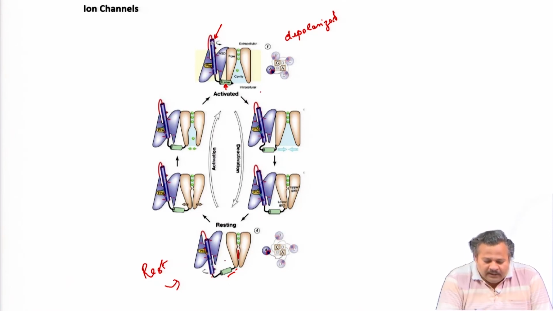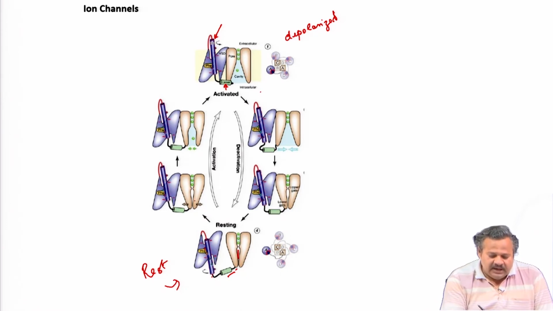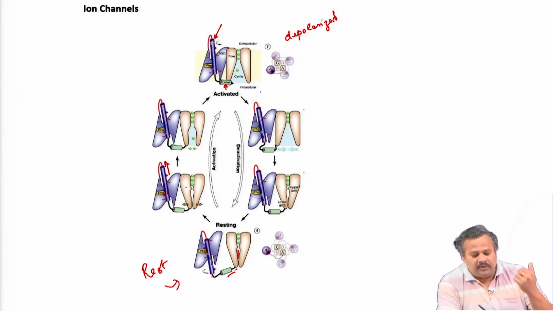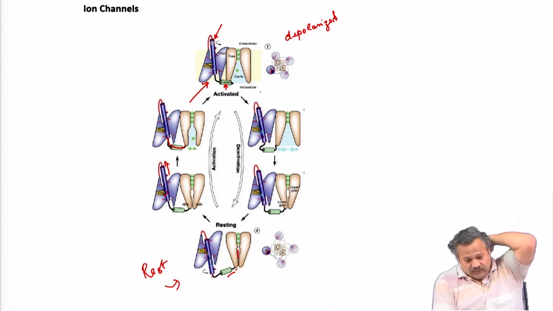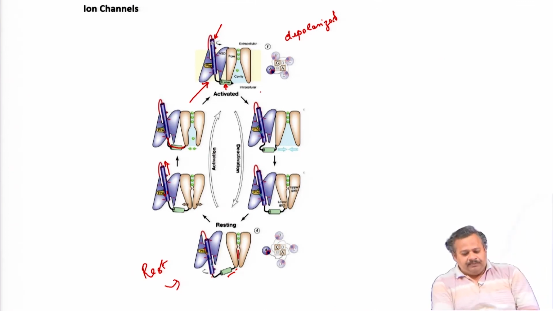So, when the neuron is depolarized, gradually what happens is the S4 segment with its positive charges is pushed out through the membrane, and that pulls the linker protein with it, and that physically opens up the bottom of the pore, and this is the final state when it is activated and open, that is when the neuron is depolarized.